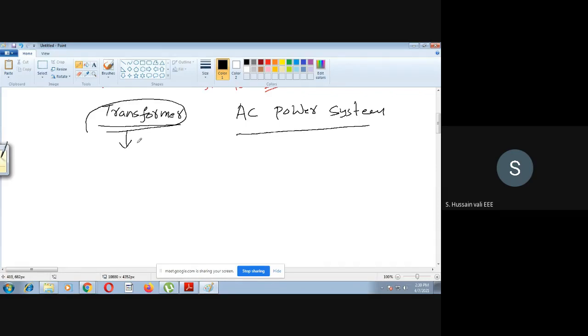what does this transformer do? The transformer mainly does three things. One is it changes voltage level. Second thing is that it can match impedance.